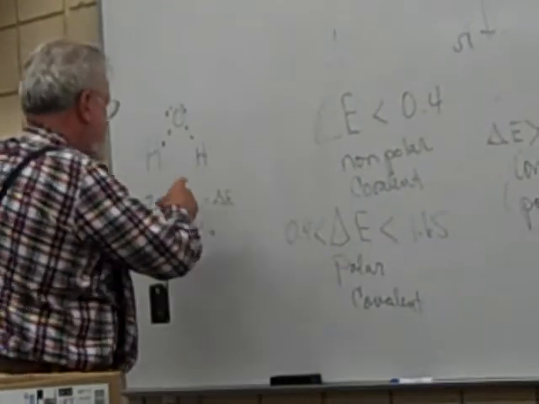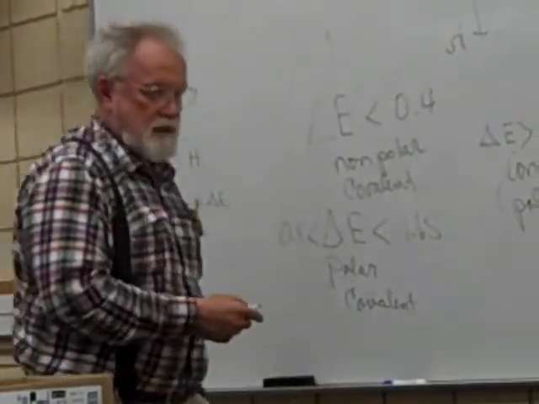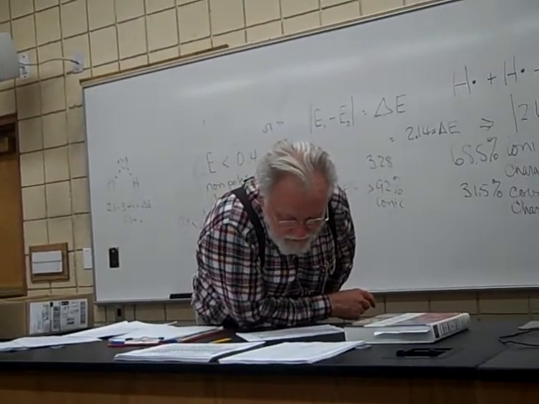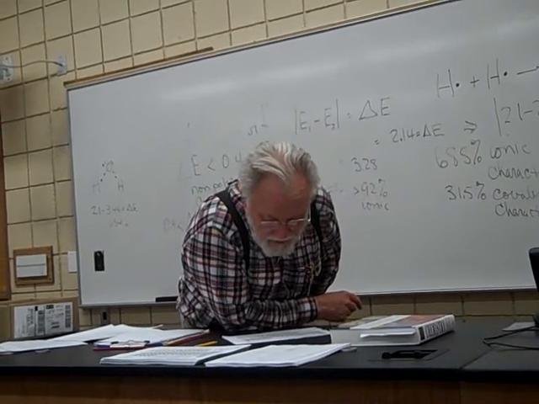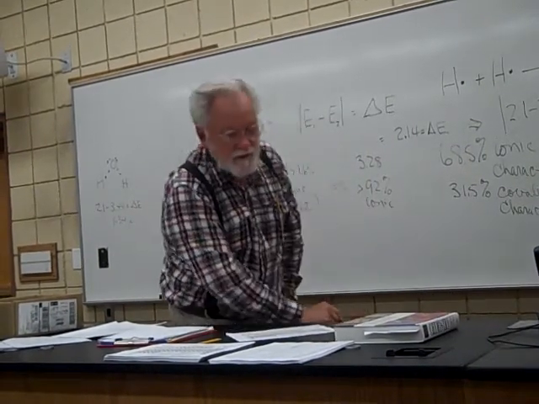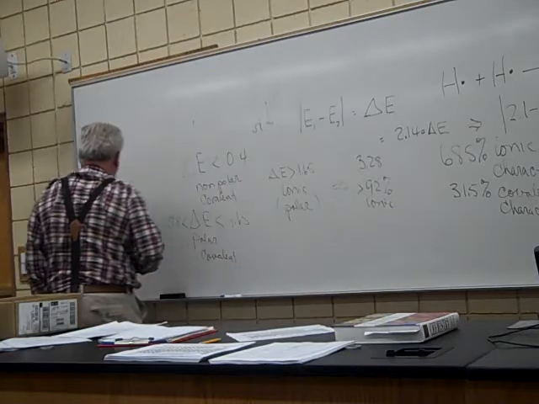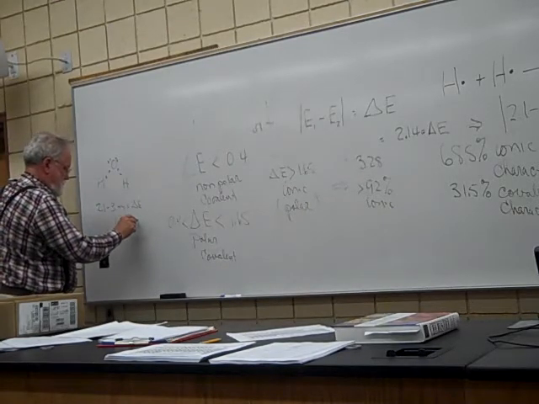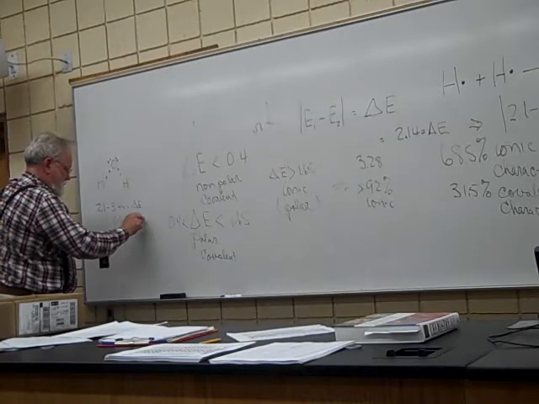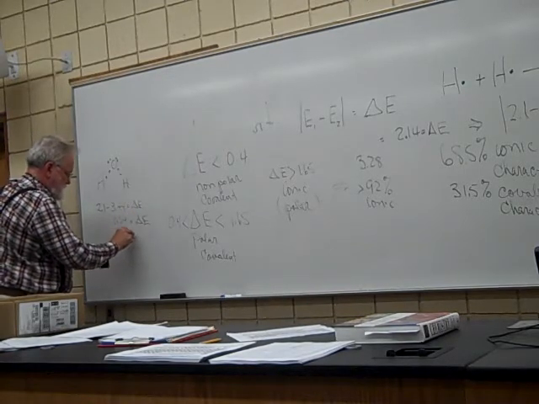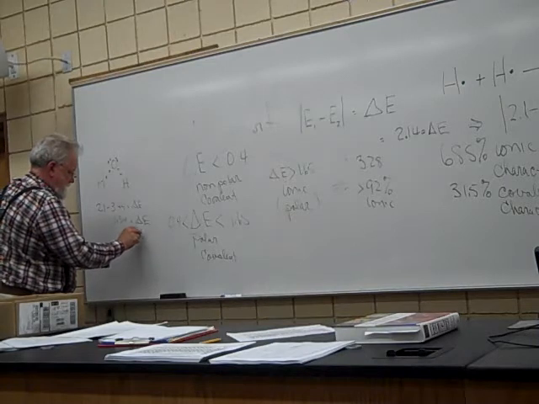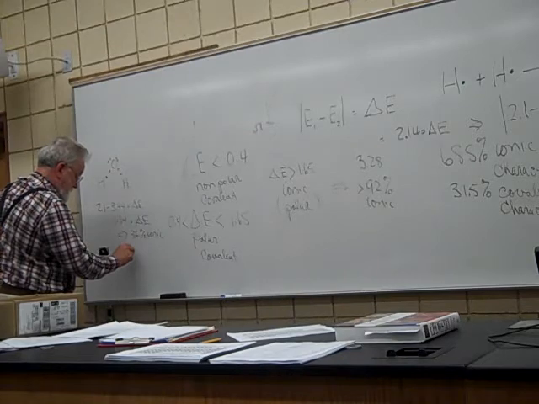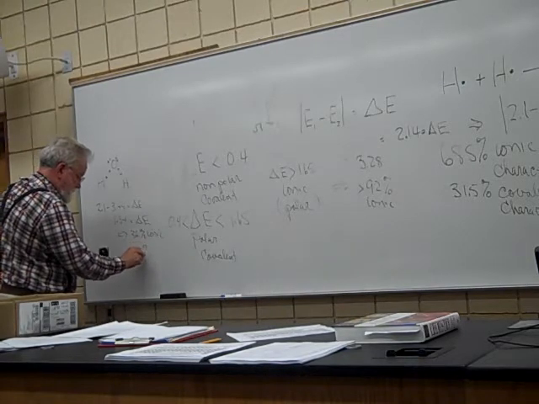That says that bond right there has an ionic character of only about 36%. This implies 36% ionic and 64% covalent.